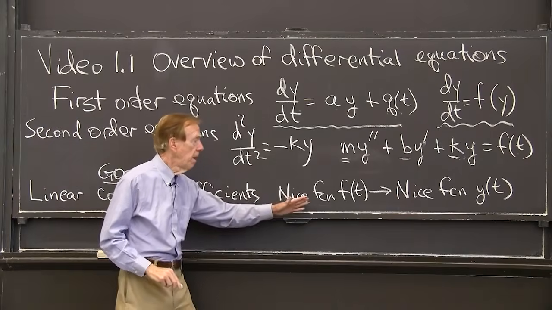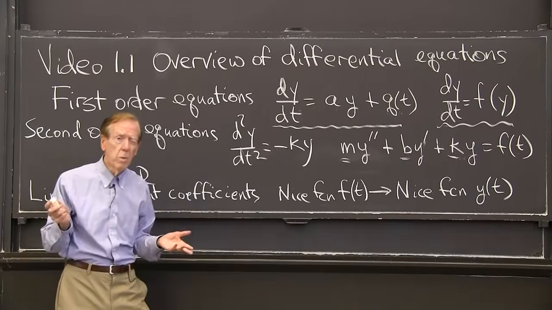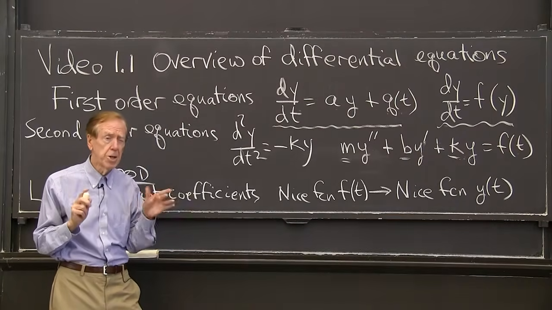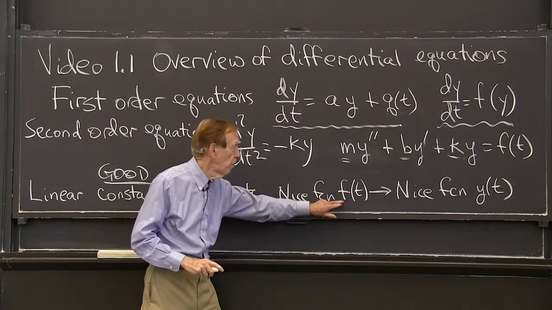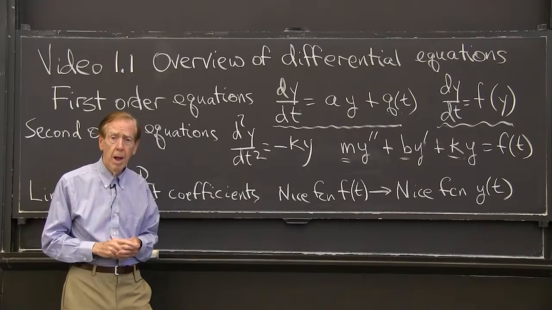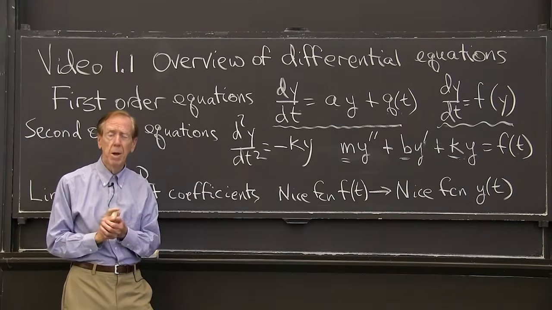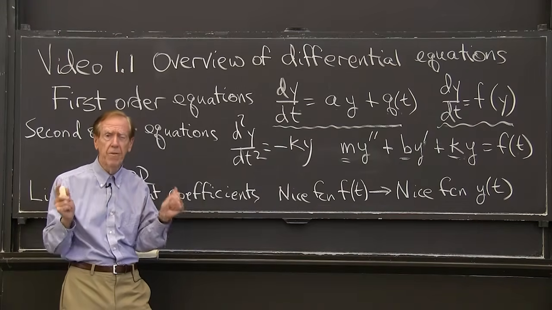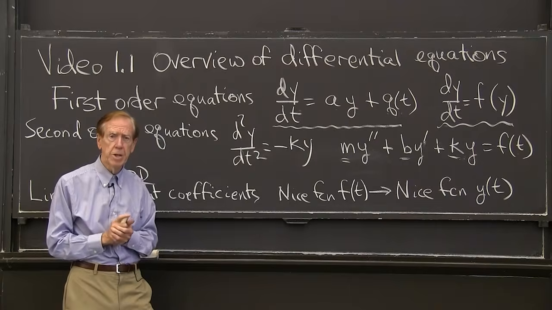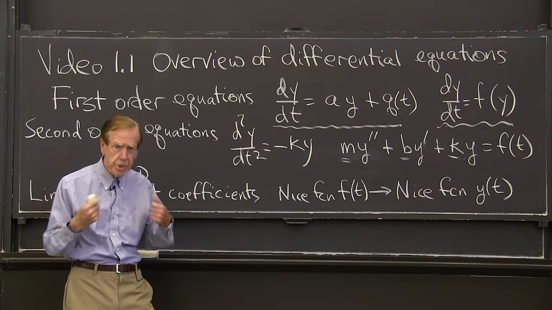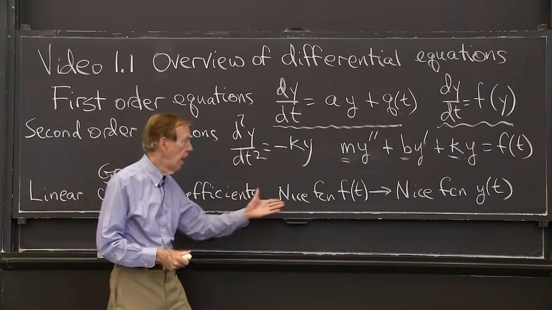And I think of solutions in two ways. If I have a really nice function, like an exponential. Exponentials are the great functions of differential equations. They're great functions in this series. You'll see them over and over.